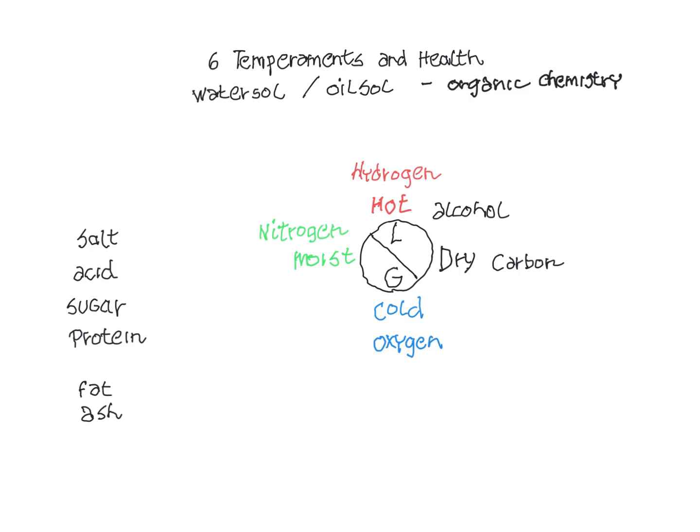And then there's a drier condition that then moves substances into fat. And fat really represents dryness because it's a hydrocarbon. And we could say, well, what does fat have to do with dryness? Fat is hydrophobic.